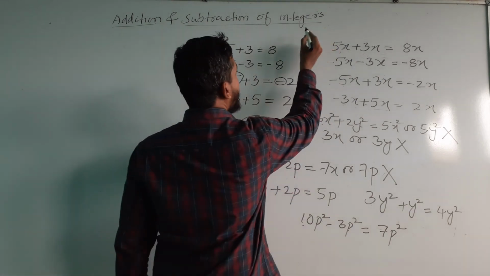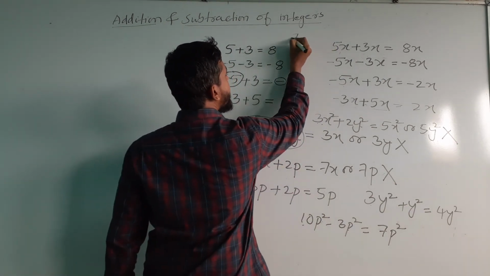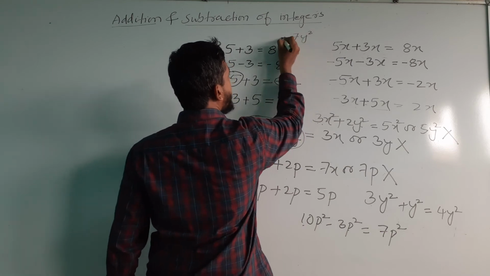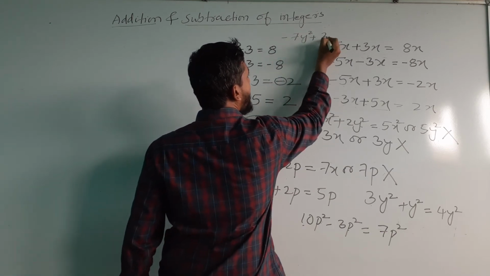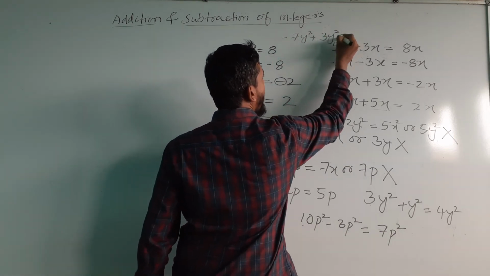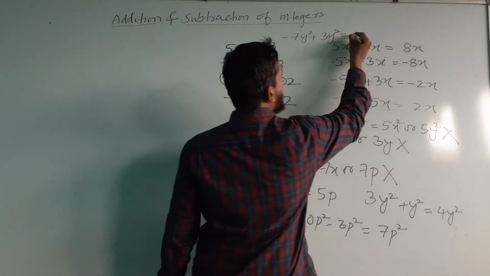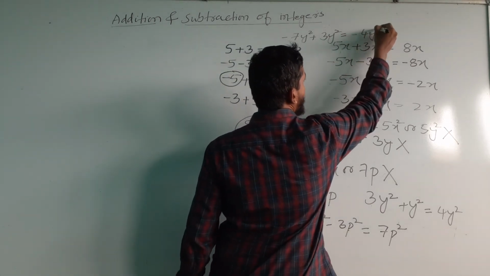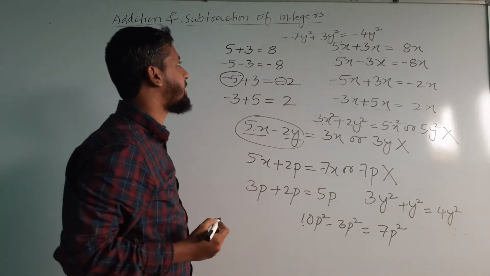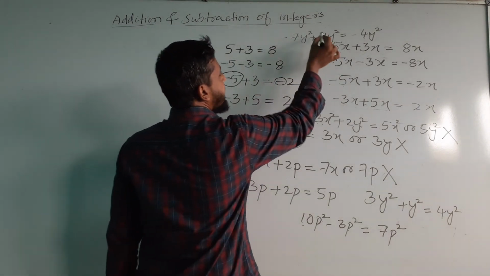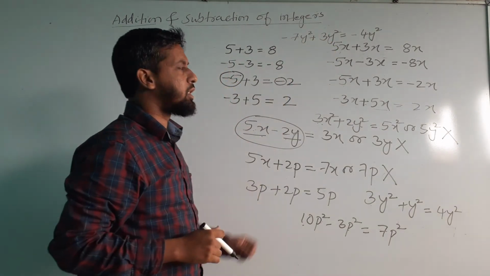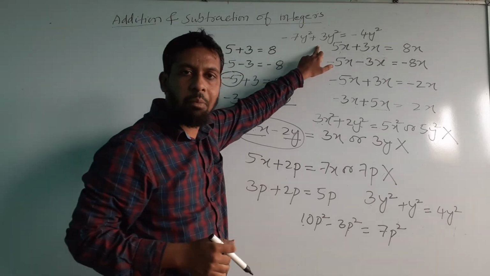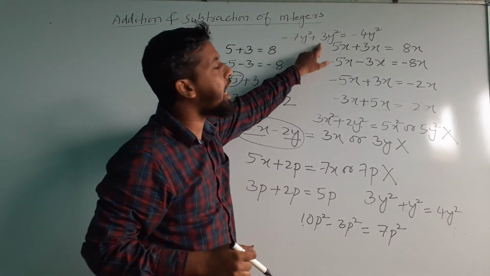Now, one more example. Suppose -7y square plus 3y square will give you -4y square. Signs are same or different? That is important first. First we have to see signs are same or different. Here signs are different.